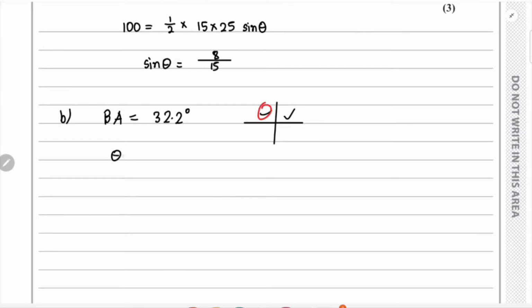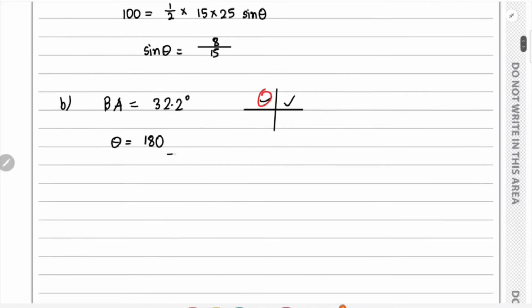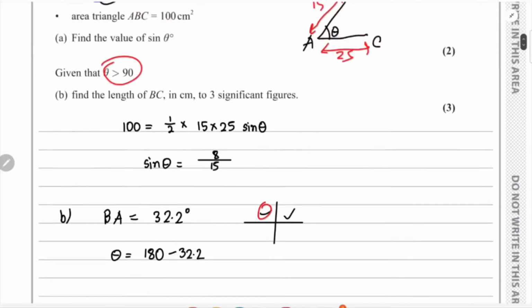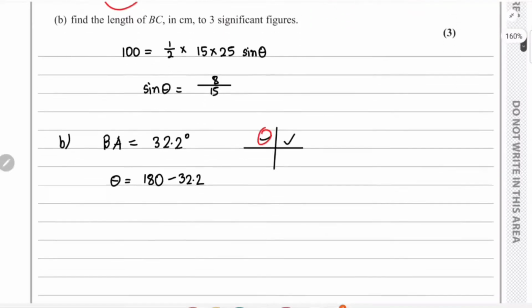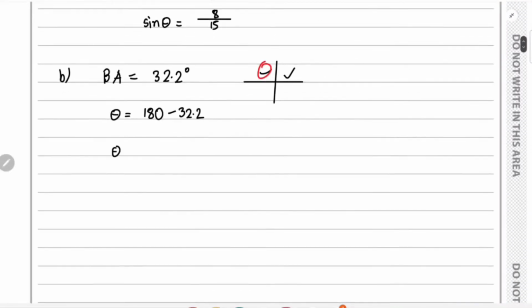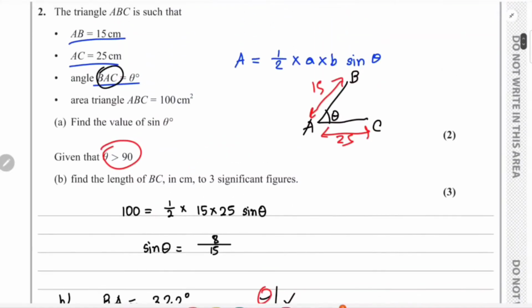So theta would be 180 minus 32.2, so theta would be 147.77 degrees, or you can just write 147.8.